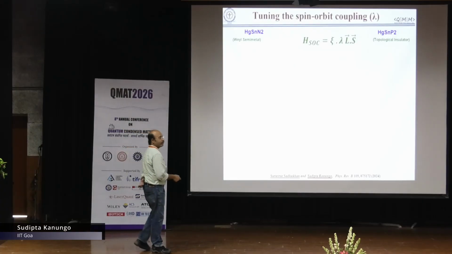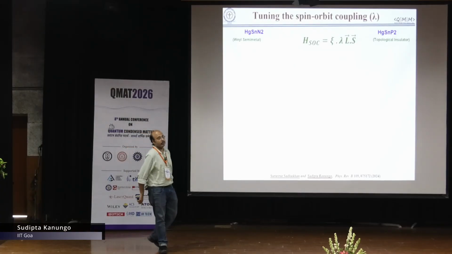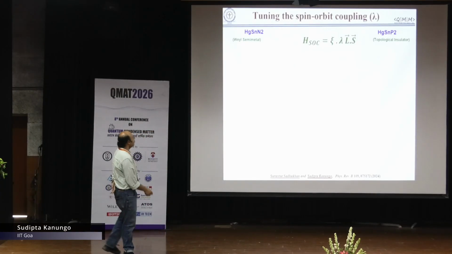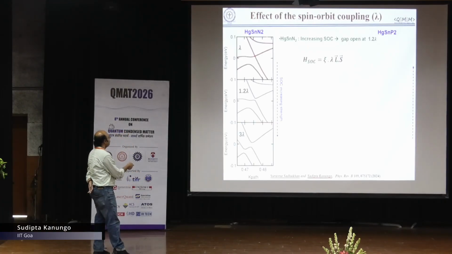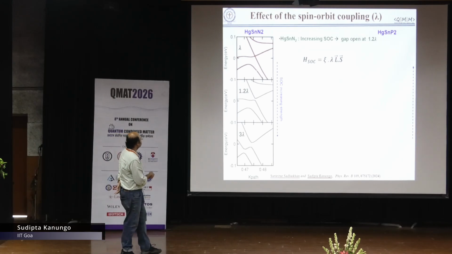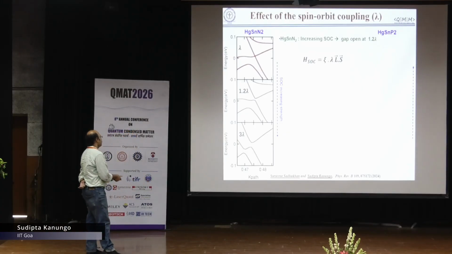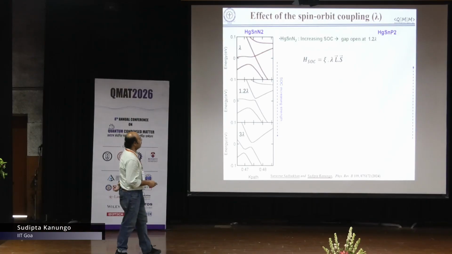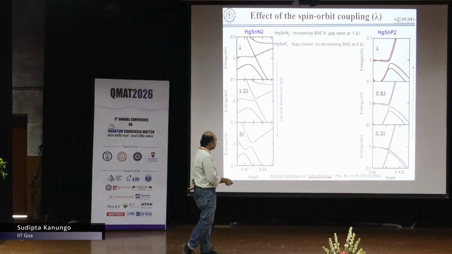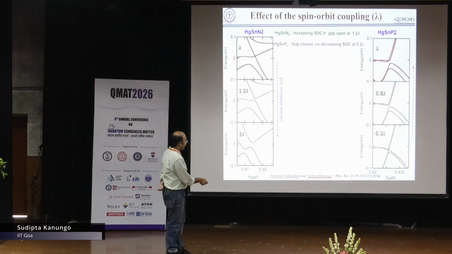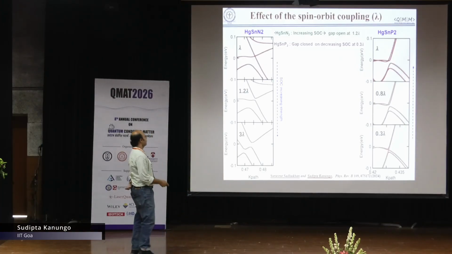Now, if we put on the spin orbit coupling and try to tune the spin orbit coupling strength, we can plot the band structure as we increase the strength of the spin orbit coupling. You can see that if we increase the spin orbit coupling strength thrice, then the gap opens in the case of the nitrogen. Similarly, in the case of the phosphorus, if we decrease the spin orbit coupling strength, then we can close the gap and get a kind of band crossing in this case.